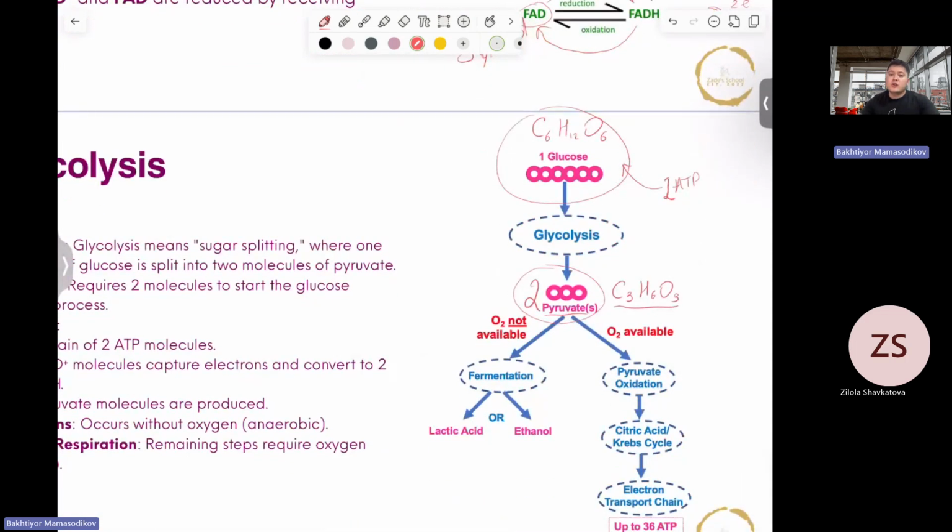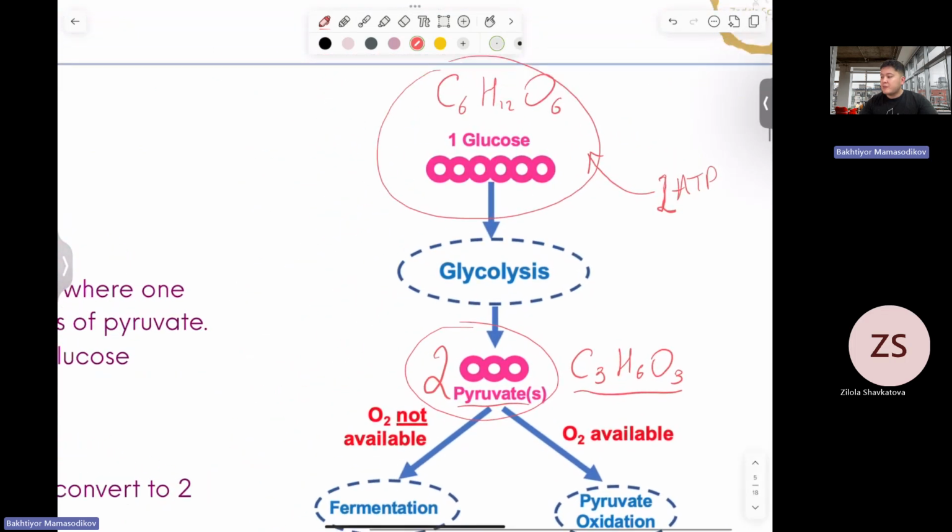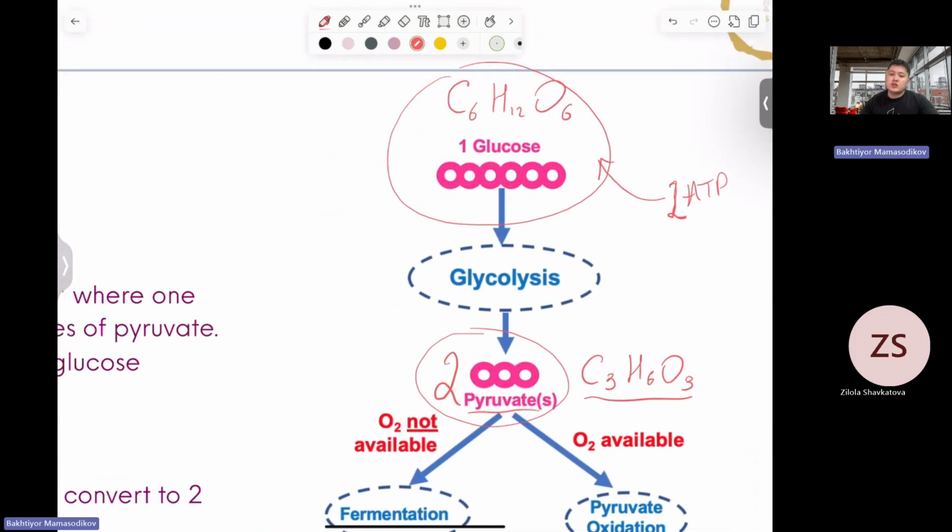So what's going to happen next? The products of the glycolysis. We are going to get two pyruvate molecules. Two NADH molecules are also being released. Do you remember the electron carriers?